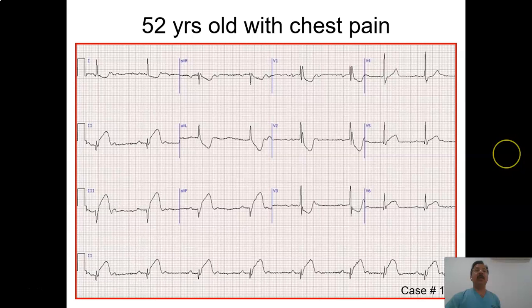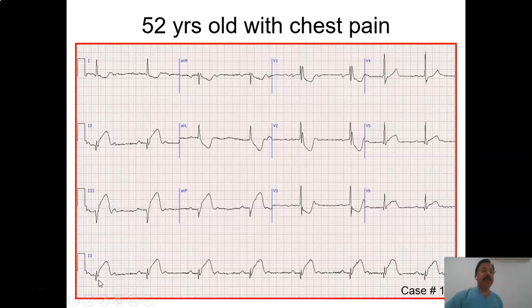Case number 13: this is the ECG of a 52-year-old with chest pain. Again, from a distance, this looks like a grossly abnormal ECG, and the rate is also very slow. It looks like bradycardia, and the patient has chest pain, so this looks like symptomatic bradycardia.